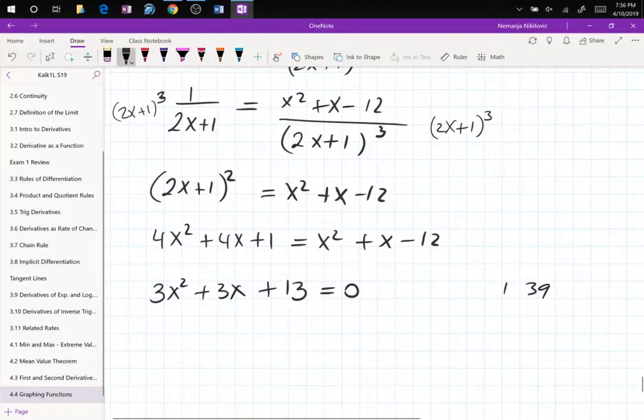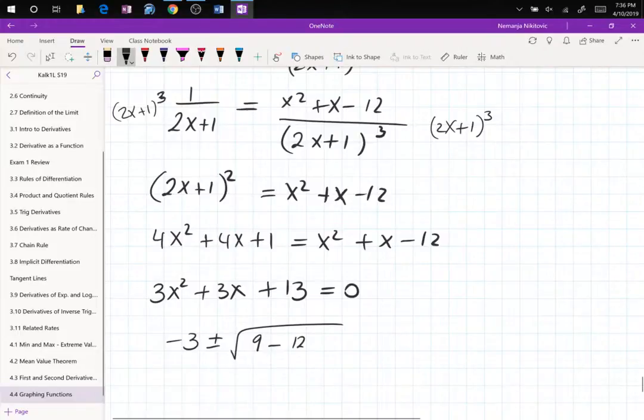So, should we try and FOIL this, 39? 1 and 39, 3 and 13, yeah. This is probably going to work out to be something disgusting or complex. So negative b plus or minus the square root of b squared minus 4ac. There it is, 12 times 13, negative.